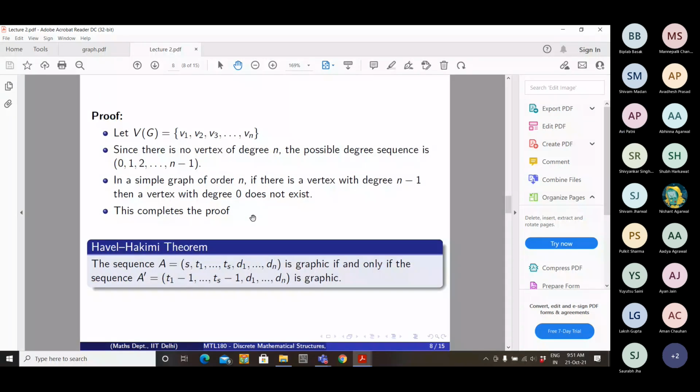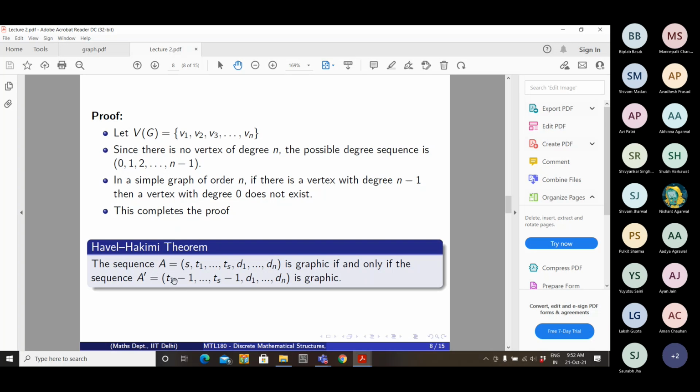Yes, sir. Okay, so next we see an important result called the Havel-Hakimi theorem, to prove whether a given non-increasing sequence is a degree sequence of some graph or not. So what is the statement?